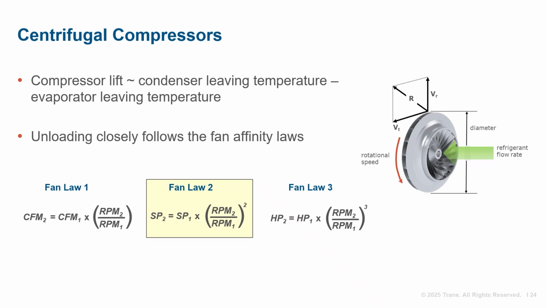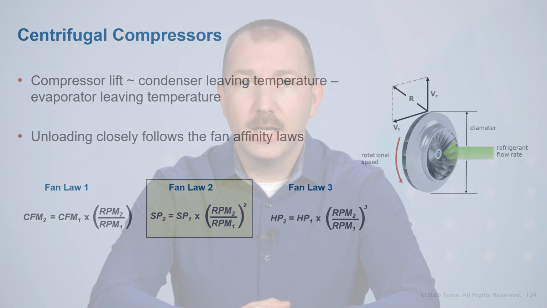In practice, compressor speed is a function of both load and lift. The compressor must spin fast enough to meet both the required lift and to move enough refrigerant to meet the load. The differential pressure created by the compressor is proportional to the change in speed squared. As a result of this relationship, lift changes rapidly when compressor speed decreases.